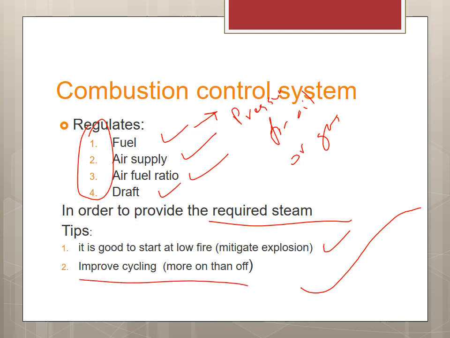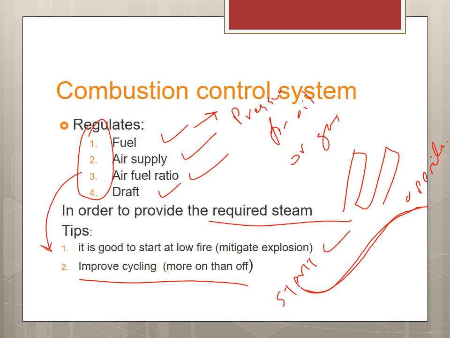We don't want to turn the system up and down, on and off all the time. No, we want to be ramped up until we get to the main flame. So start and operation in here. So it's a good way to start with low, and that's why we have more means to regulate the fuel and air that's coming inside the chamber.